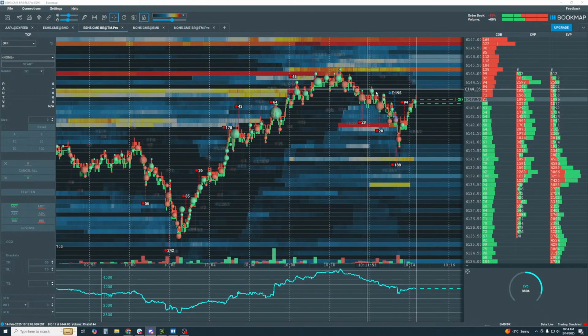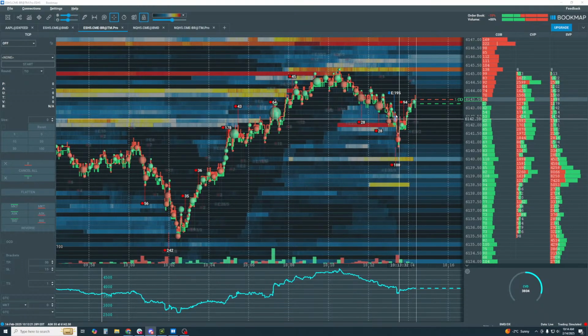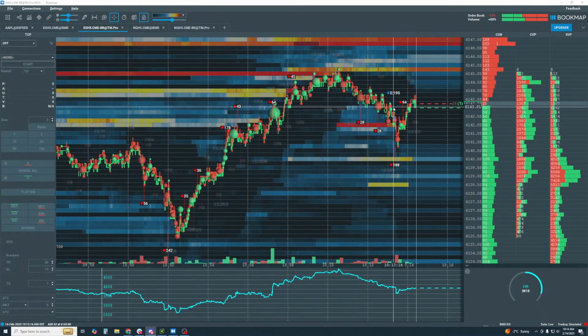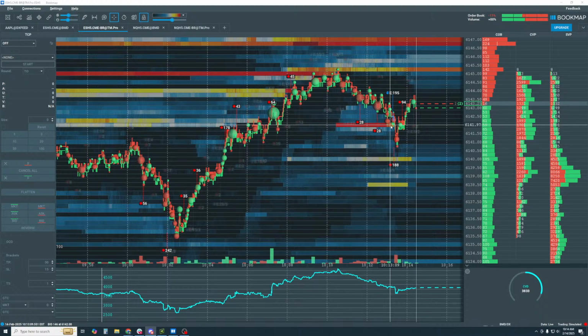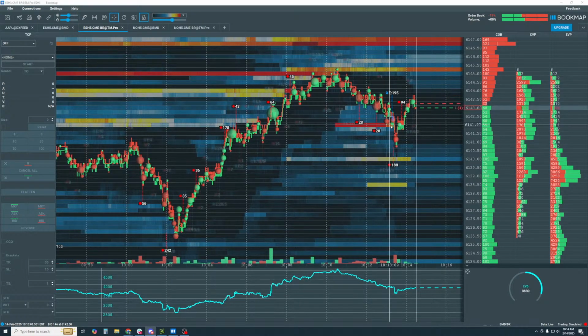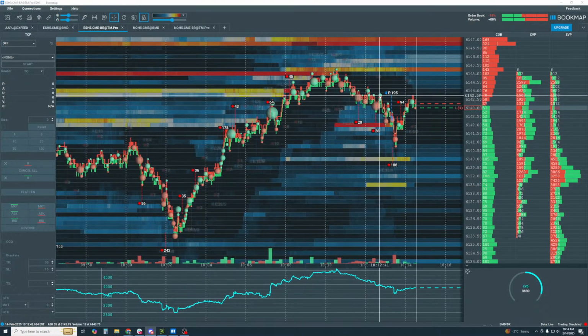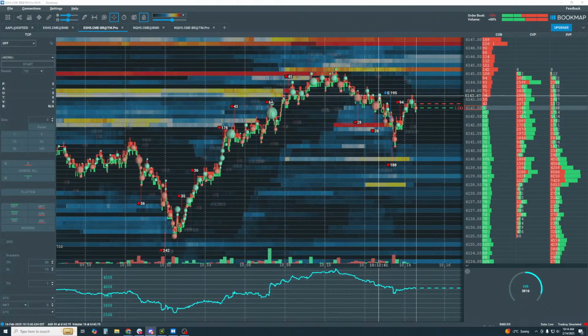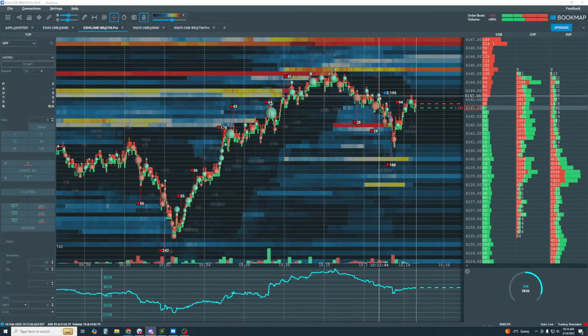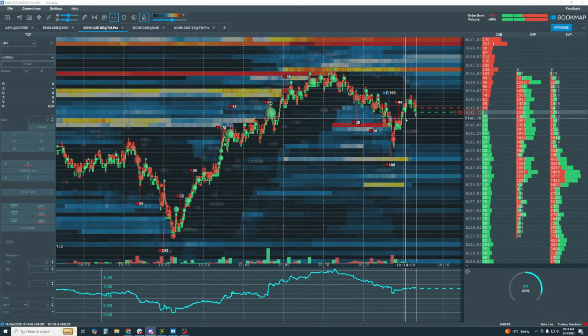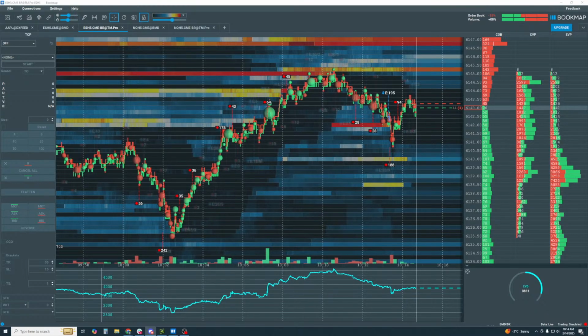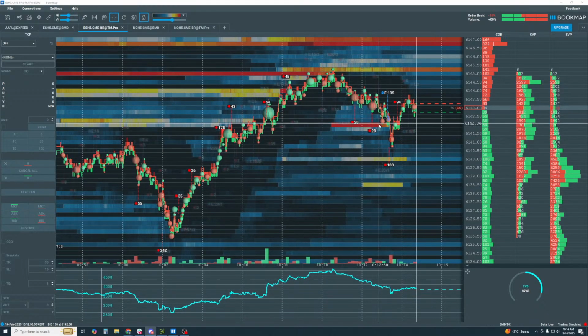So wait for all the pieces of the puzzle in your setup. Know your setup better. And if it doesn't present, then you don't take it. Only take it if you're very confident about it.